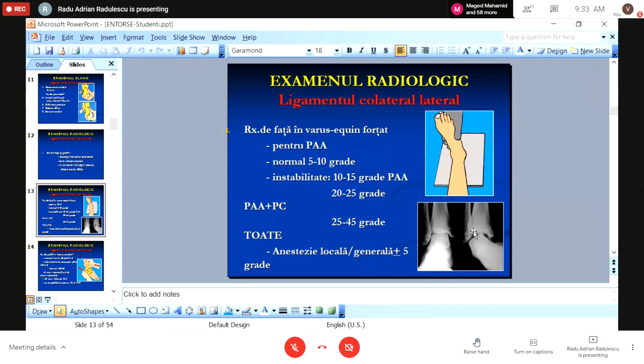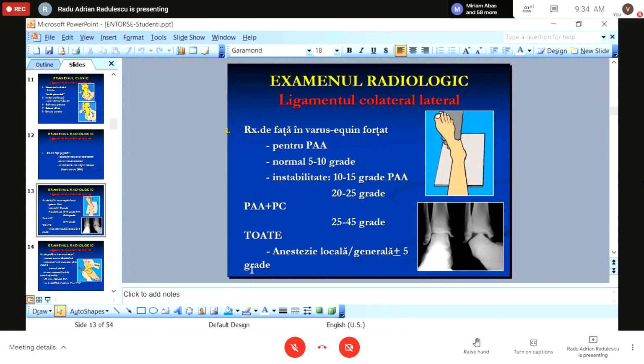And so we can find out that there is an angle, we can describe an angle between the ceiling of the joint and the top of the dome of the talus. Usually, the lines that are drawn through these bone ends must be parallel, like you can see here in the normal joint. But when the joint opens, then these two lines can describe an angle.